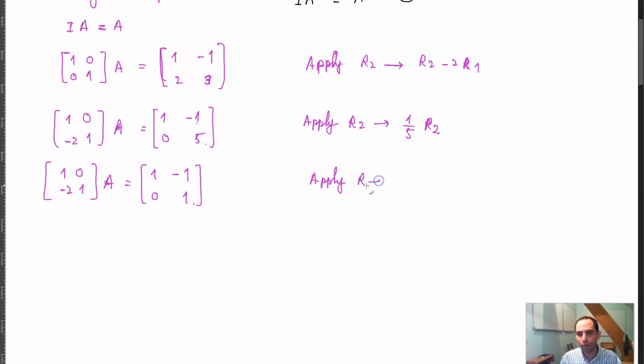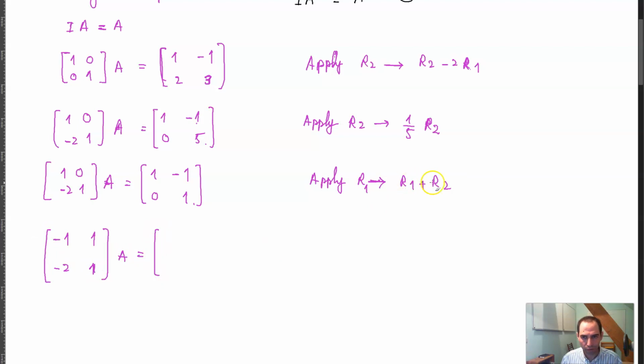And then I'm going to apply R1 becomes R1 plus R2, which means that you'll get a 0 over here. So 1 plus negative 2 is equal to negative 1. 0 plus 1 is equal to 1, and then negative 2, 1, and you have times A here.